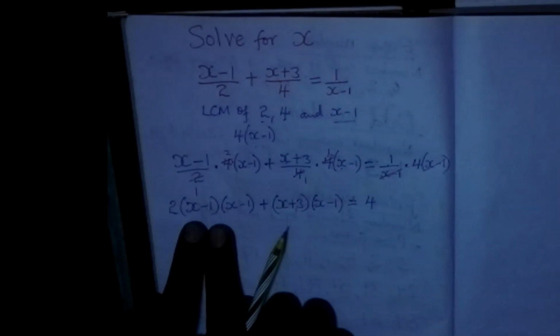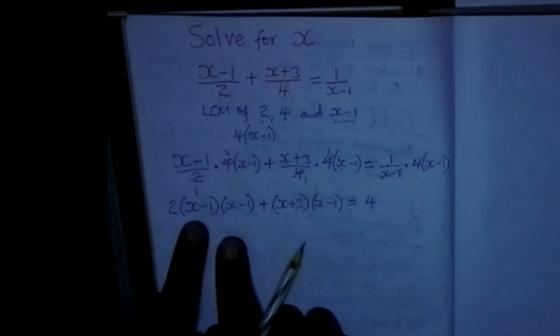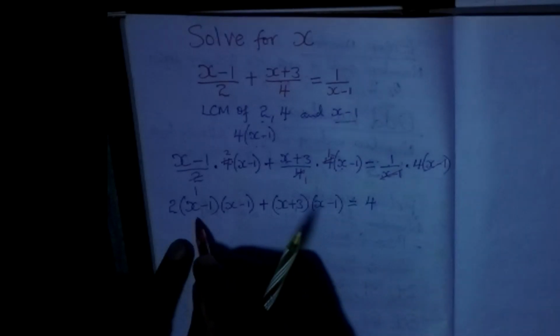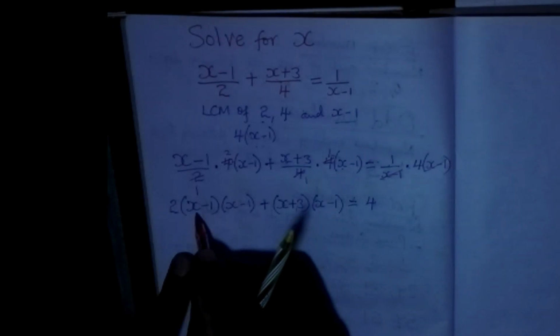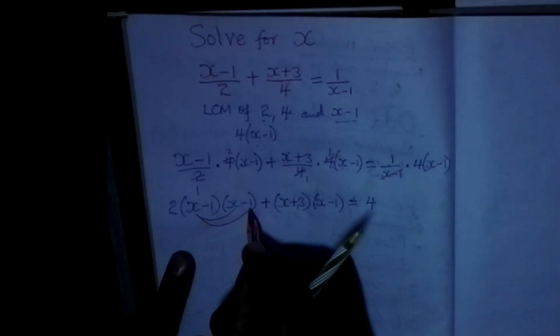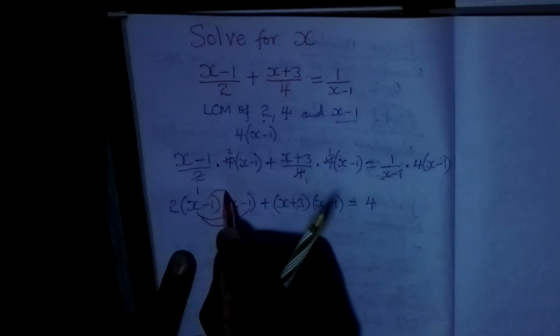So again we expand. If we are going to expand, we multiply whatever we have in the first bracket by what is in the second bracket. The same case we do with the other one.